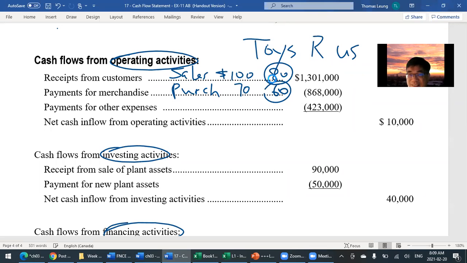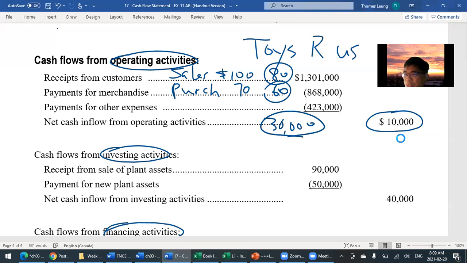So even though it shows I have this much extra in my pocket, I have an inflow, meaning I have extra money here, right? Does that mean this is my profit on the income statement? No. My profit figure on the income statement might be $30,000. I know I made a profit of $30,000 on the income statement.